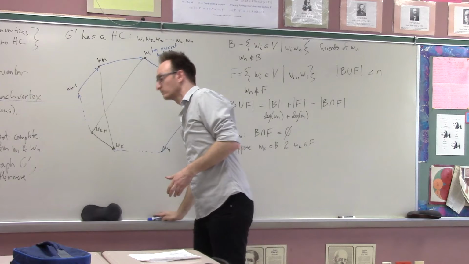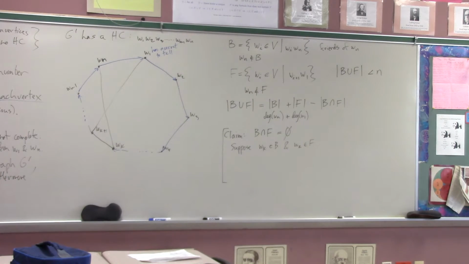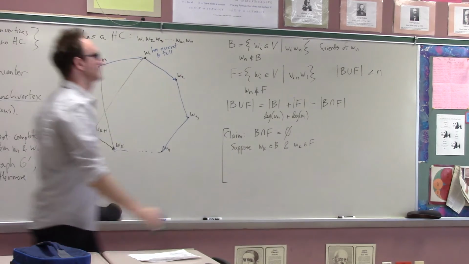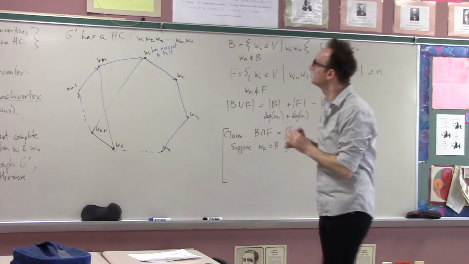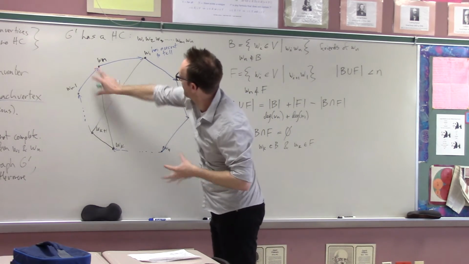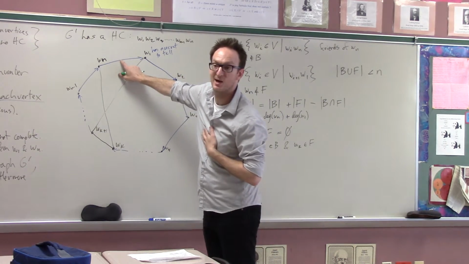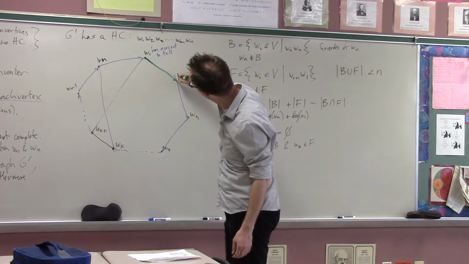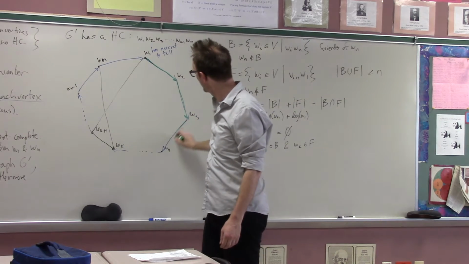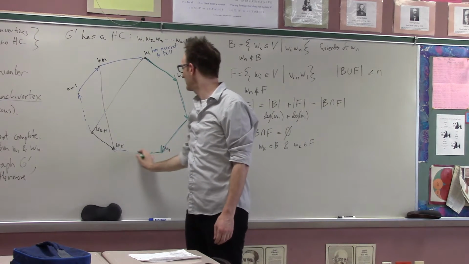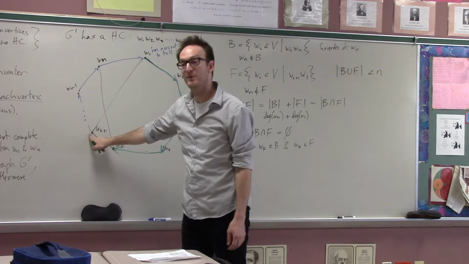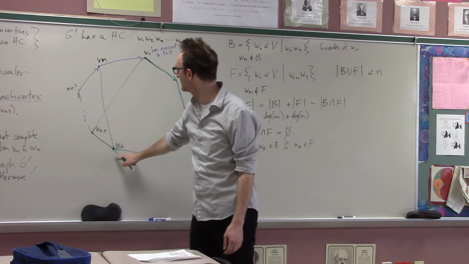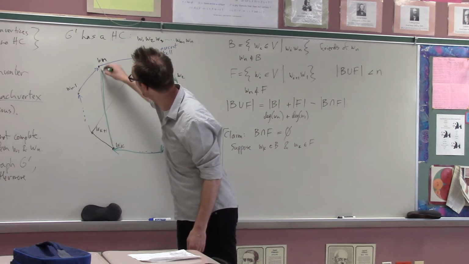You already had a Hamiltonian cycle before you added the edge. Then you already had a Hamiltonian cycle, says Alice, because I didn't need this guy at all, right? I could have gone from W1 to W2, from W2 to W3, from W3 to W4, to WK, and then instead of WK telling WK plus 1, WK could have gone to WN.